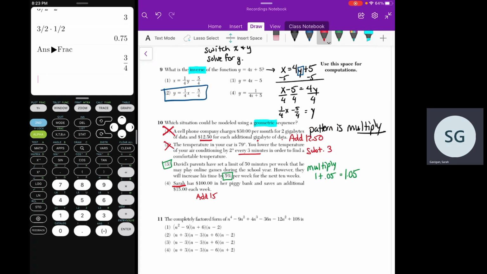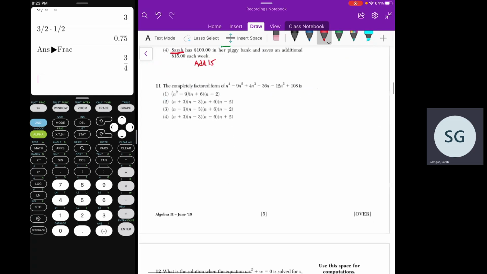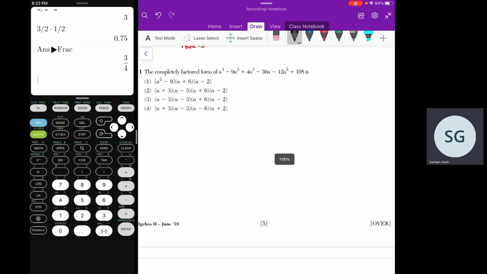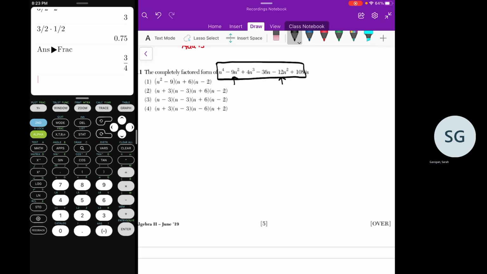Okay, 11. 11's a doozy. Let me show you how to do it algebraically, and then we're going to use the graph of it to help us solve for the factors instead. So we have to factor completely. Now, you're going to start factoring, and then you're going to realize, wait a minute, I have 2 n squared terms.